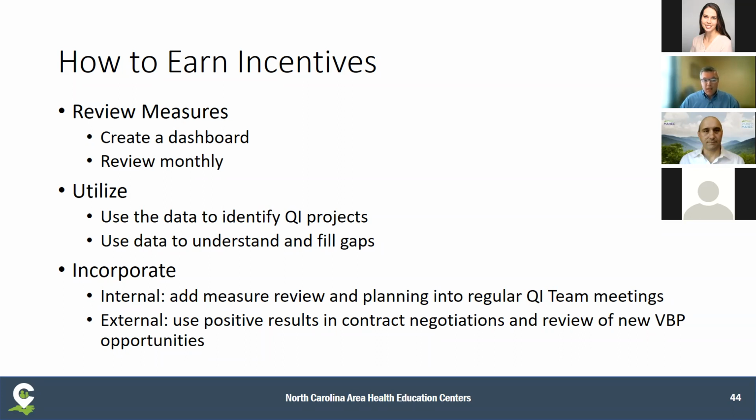Again, utilize that data to identify QI projects that you need to work on, and use the data to understand and fill gaps where you may need to identify specific patients, for example, who haven't had their annual wellness visit yet, or who haven't had diabetic testing.